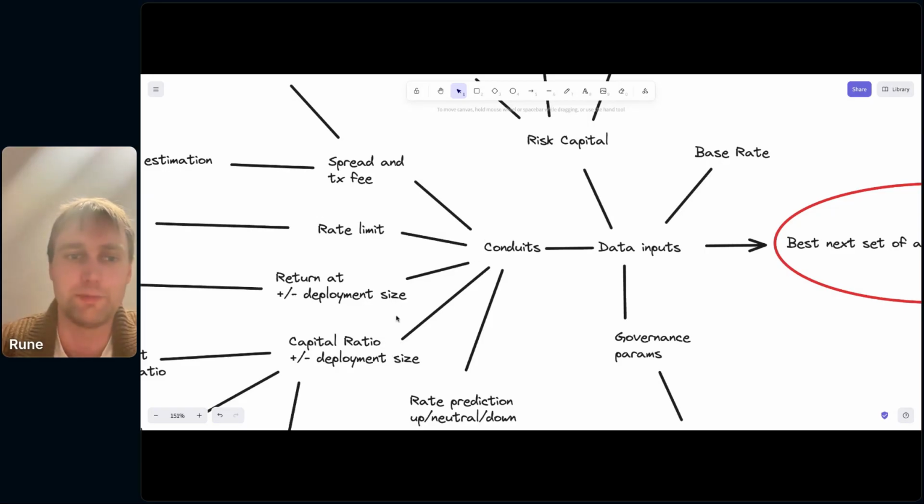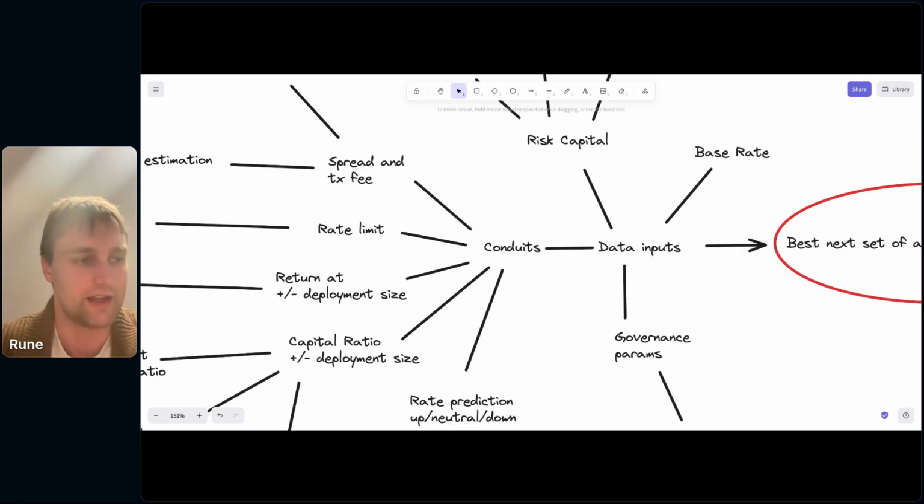That's the really basic question and the really basic decision that lies at the core of the allocation system. At all times there are so many different opportunities existing all around the DeFi economy, and you can calculate your way to which ones are the best to deploy into.